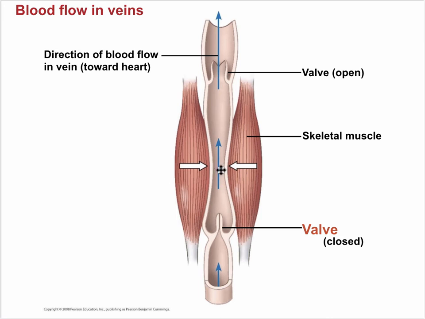Because of the location of these one-way valves, when you squeeze on this area of the vein, the blood will move up through the open valve, and it will be unable to backflow because of the one-way valve behind it.